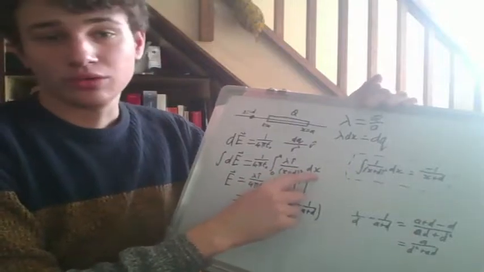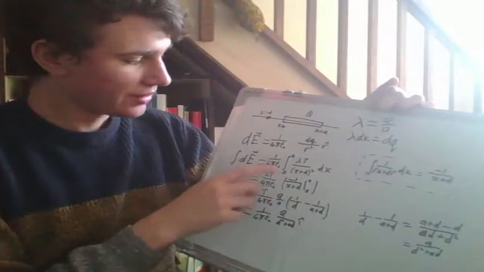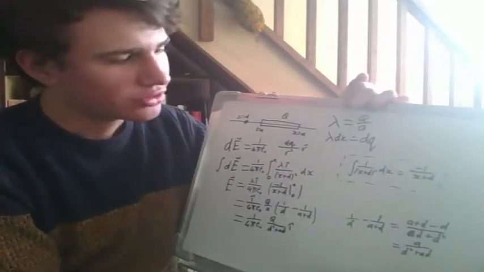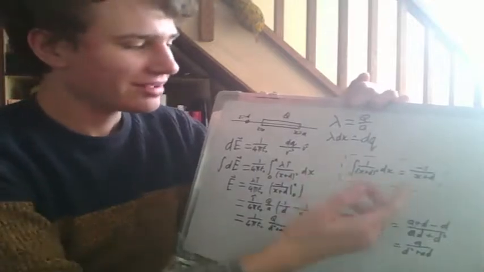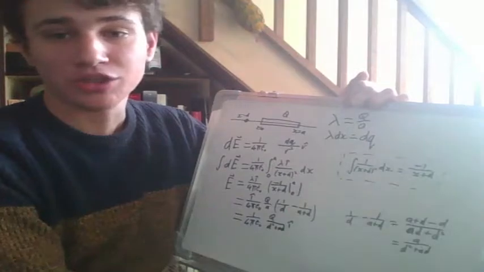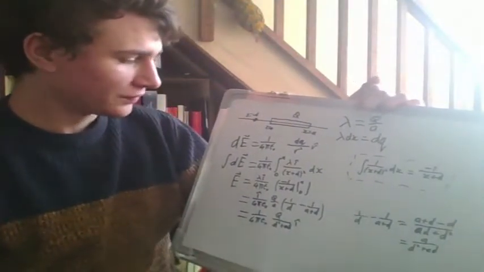Since you have your integration variable here, you can put it's from x equals 0 to x equals a. Then if you do the integral, you can use u substitution if you don't trust me, but the integral of 1 over (x plus d) all squared dx is just minus 1 over (x plus d). That's just a normal integral. That shouldn't be an issue.